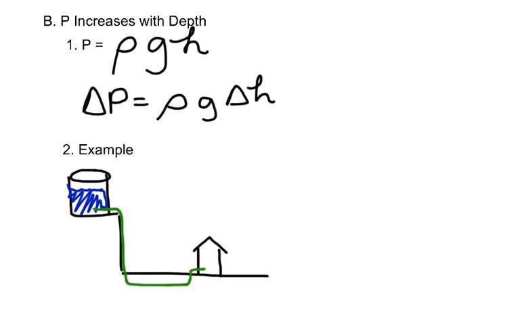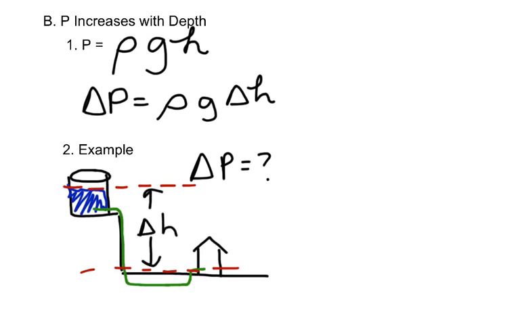So what is that change in pressure? One of the first things we need to do is figure out, what is the change in depth? So the highest point of the water is right here, and the water goes into the house at this point. So my delta H, my change in depth, is right here.